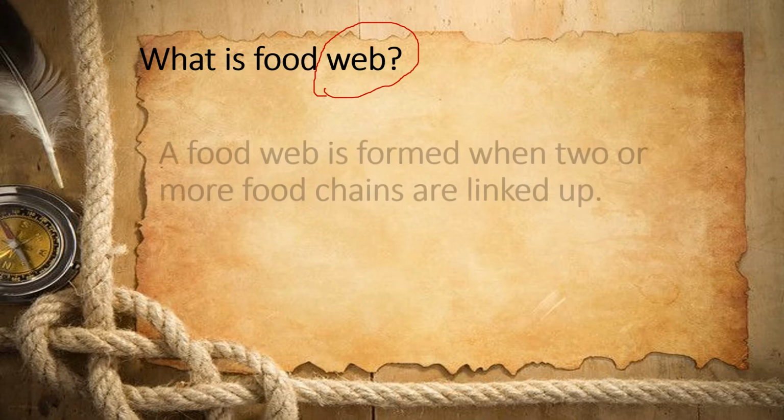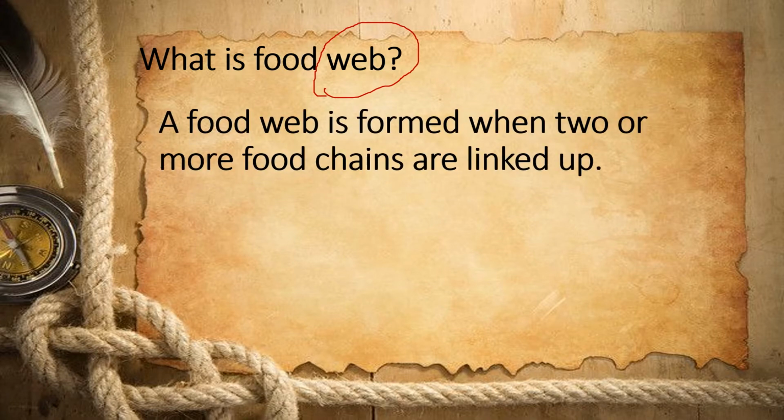Okay, so what is food web class? A food web is formed when two or more food chains are linked up. When we say linked up, it means joined together. So if you join 2 or 3 food chains, that is what we call a food web. Understand? By the way, do you still remember the meaning of food chain?